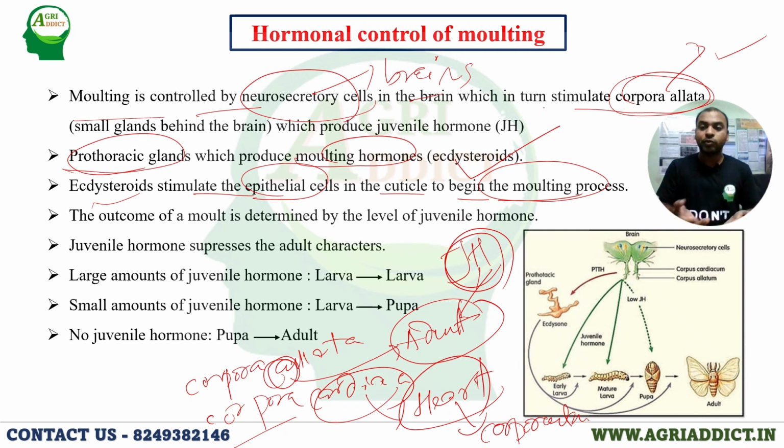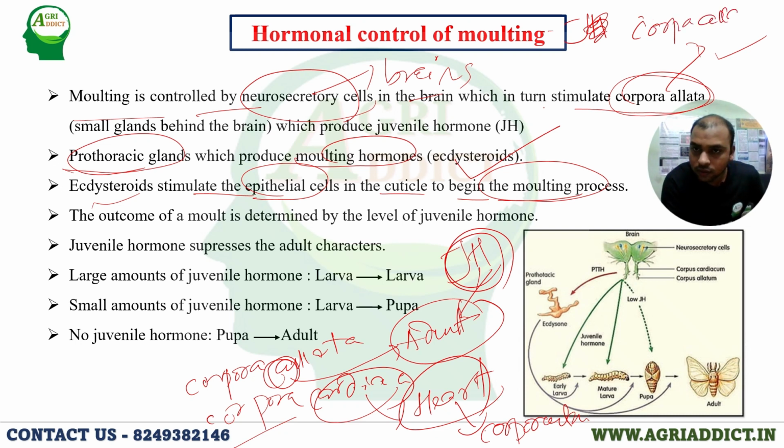But when the juvenile hormone is less, the larva will not stay in the larval stage. Okay, so I am telling you here, this is corpora allata. Allata means adult, adult means juvenile hormone.